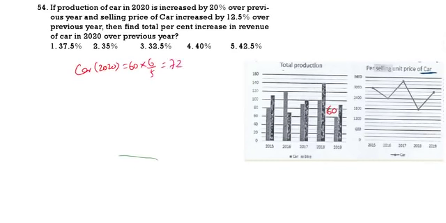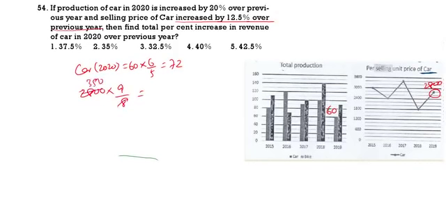The selling price of car is increased by 12.5%. So cars in 2019, this is 2800. 12.5% means 1 by 8. Increase means 9 by 8. So if you do this, we are going to get 350 into 9, that is 3150.